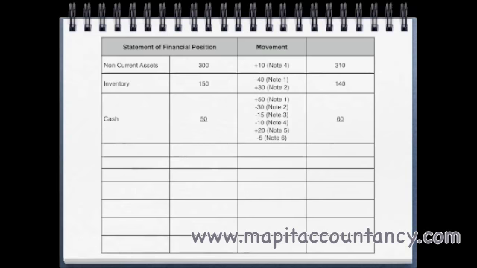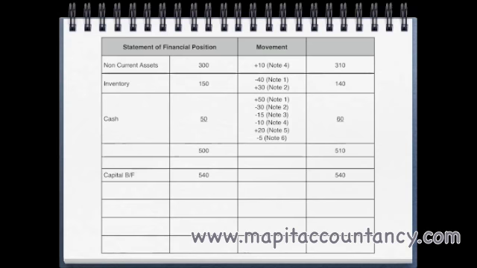We received 50 for the sale. We purchased $30 worth of goods. We paid rent of 15. We also had non-current asset purchased for 10. Jim introduced 20 and then took 5 out. All of that will affect cash to bring it to 60. So the total assets have gone from 500 to 510.